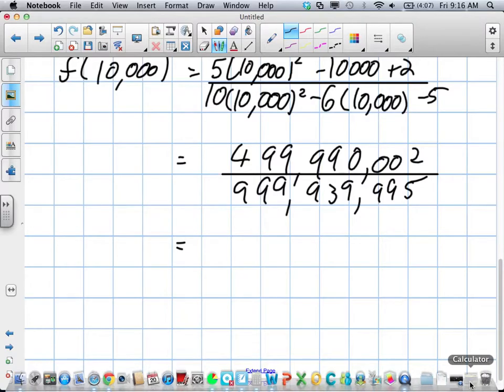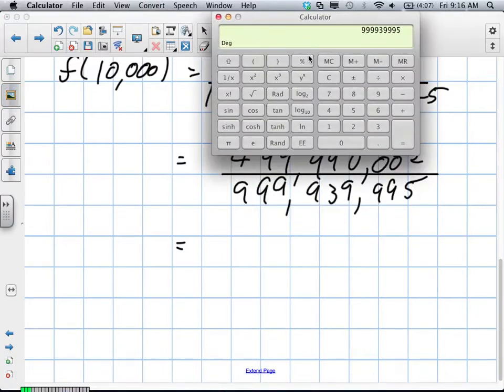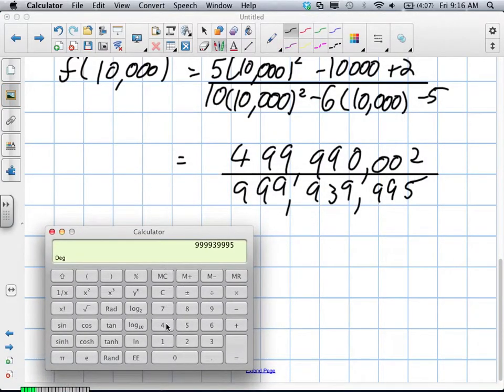It makes sense because the farther along x we go, the closer we get to the asymptote without touching it. So we're about to find a value. Hopefully my calculator doesn't round. 499,990,002 divided by the denominator is 0.5000... Larger or smaller than a half?